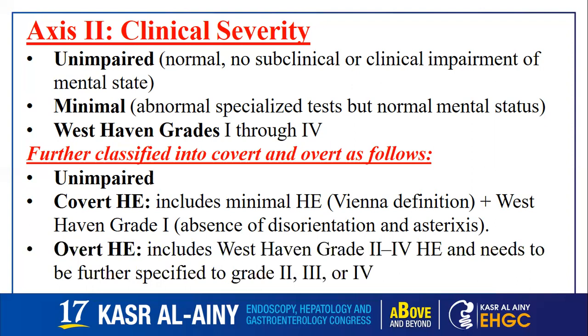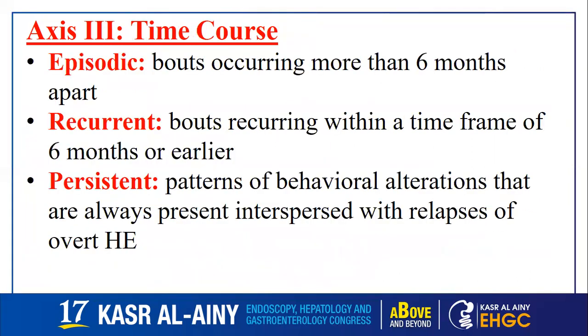Overt hepatic encephalopathy includes grades of the West Haven criteria from 2 to 4, which include, of course, asterixis, semi-coma, and coma, and they are further specified into grades 2, 3, and 4.